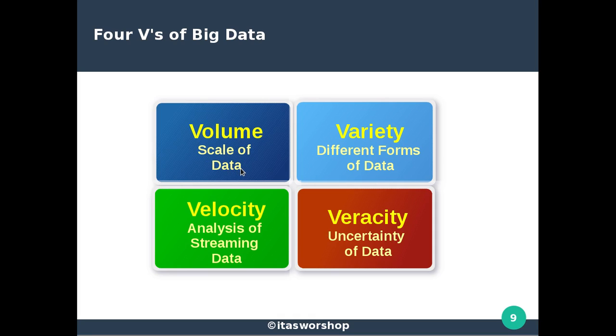Definitely we are generating data in petabytes each second, every minute. There are some systems like Facebook growing at 7 petabytes of data per month. So volume is about the large volume of data, the scalability at which it is just increasing. There is no decrease, there is no constant, it's just increasing.